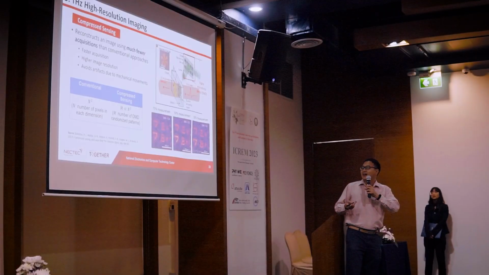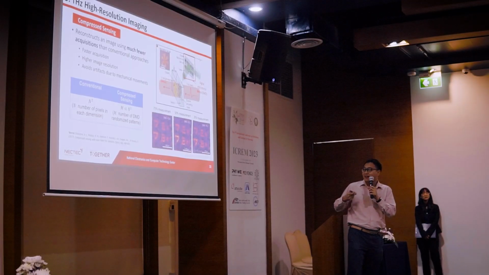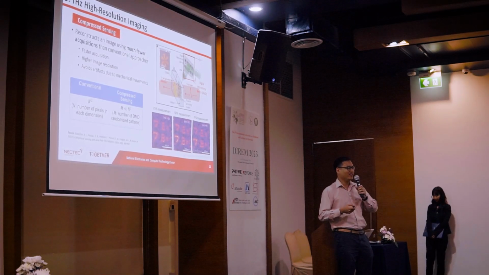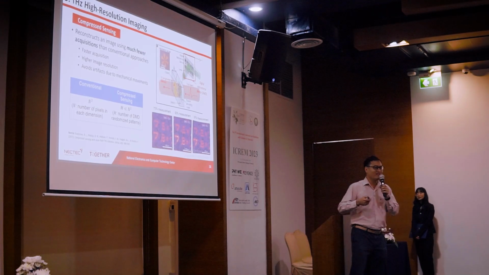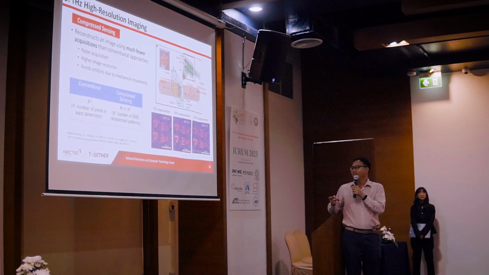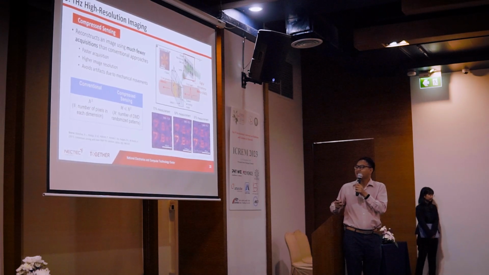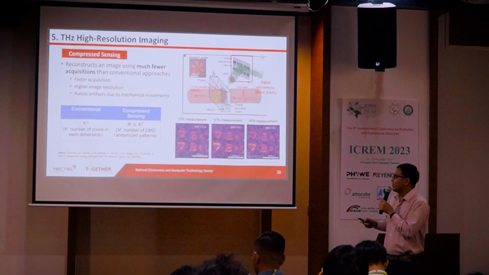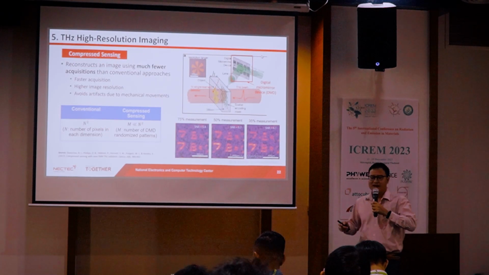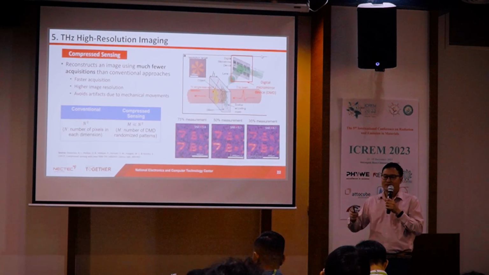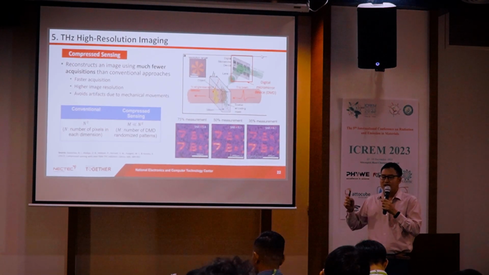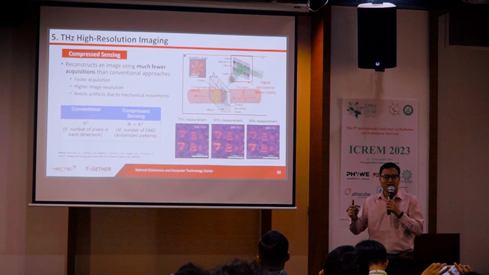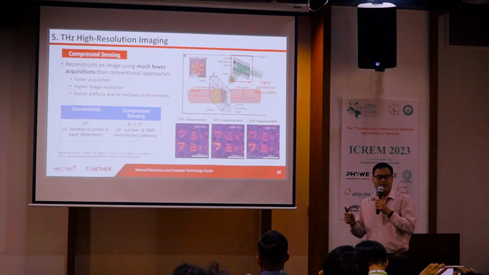Another technique that we would like to try, but we haven't got the equipment yet. So if anybody has equipment, feel free to try on our setup too. This is the technique called compressed sensing. The concept of compressed sensing is that it tries to reconstruct the high resolution image under the constraint that your measurements are very limited.